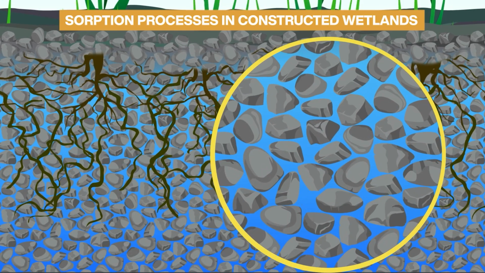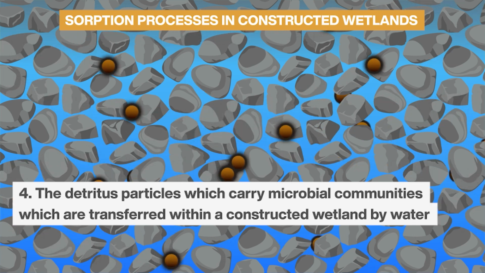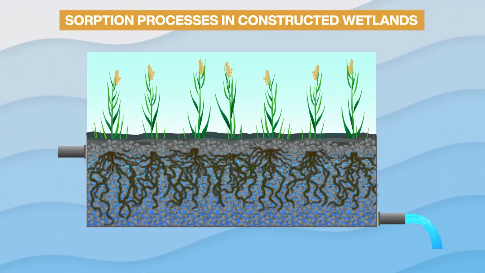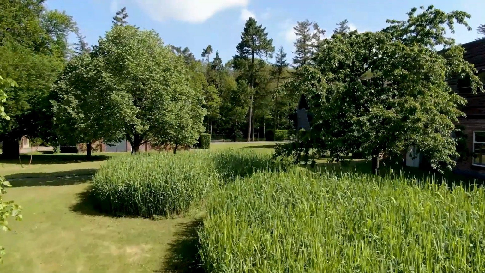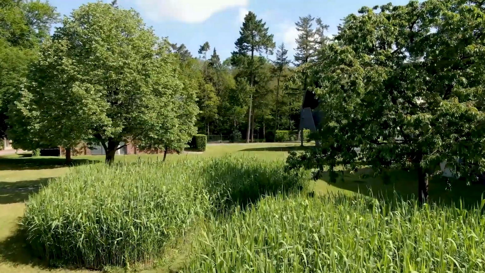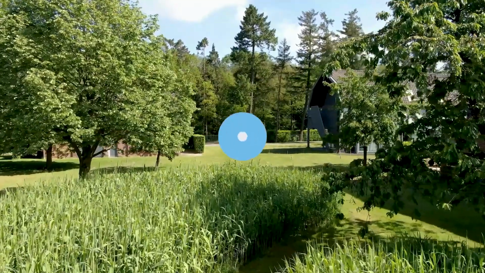Fourth, the detritus particles which carry microbial communities and which are transferred within a constructed wetland through water flow. Unlike activated sludge reactors, constructed wetlands do not remove sorbates straight away with excessive biomass. They may remain in the constructed wetland for a long time. Pollutants which are retained by sorbents undergo transformation within the wetlands in years.